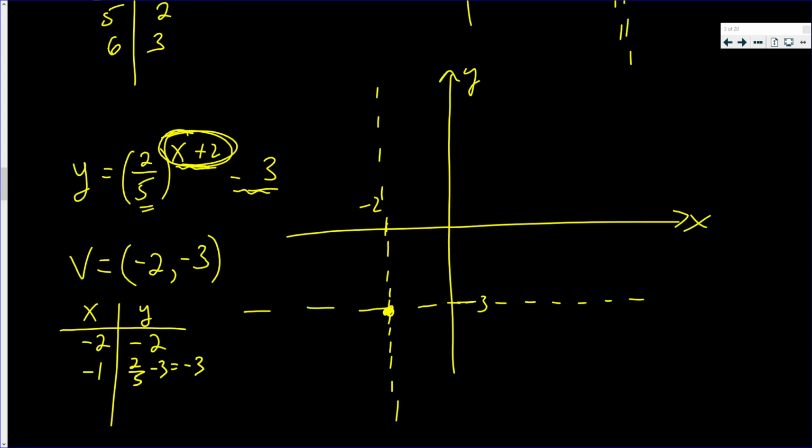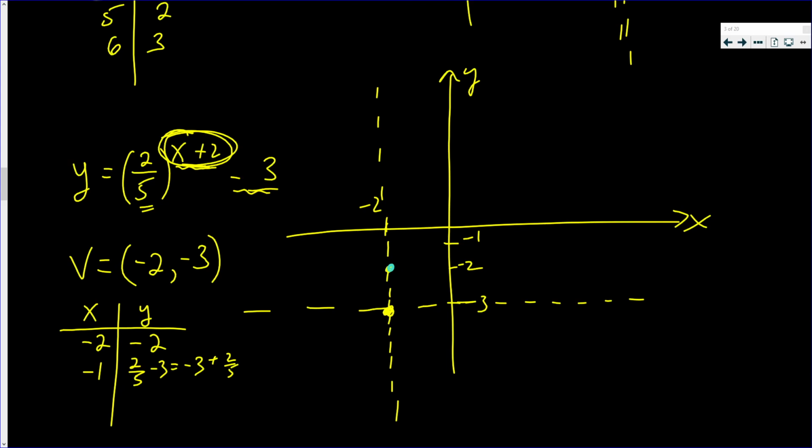Oh, that's minus 3 plus 2/5. Minus 3 and then go up a little bit. Okay. So negative 2, negative 2, negative 1, negative 2, that's right here. Okay, that's 1 point on the graph.